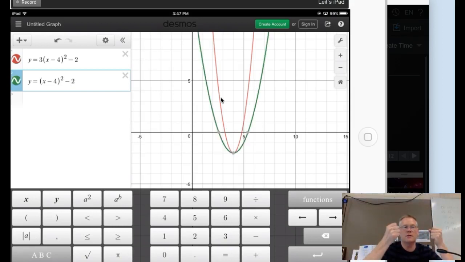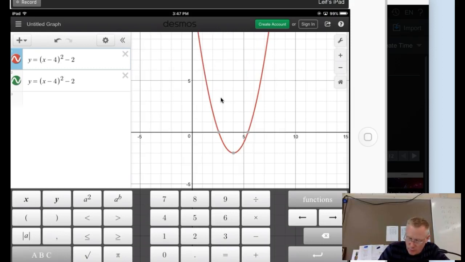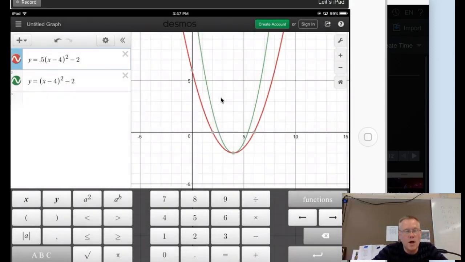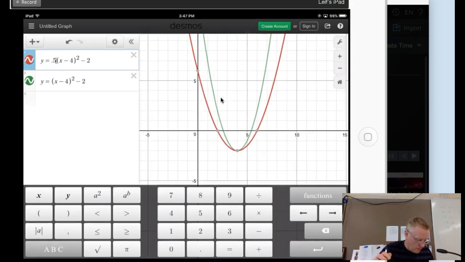You can see that it's a stretch because it looks like I took the green parabola and pulled it up. That's the way I think of it. You stretched it, you pulled it up by a factor of 3. If it was a compression, which would be if I plugged in 0.5, you can see it makes it wider. It's a compression, like you pushed it down and made it fatter. That's the idea. That's why it's a stretch or a compression, one of the two, and it has to do with how a compares to 1. All right, so we got that.